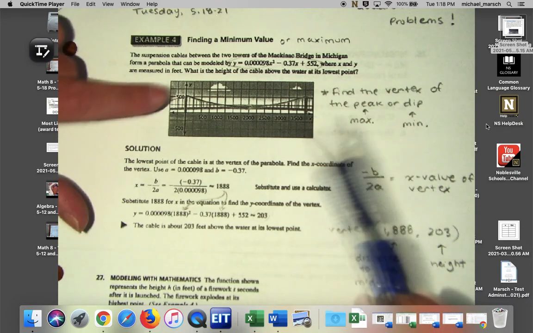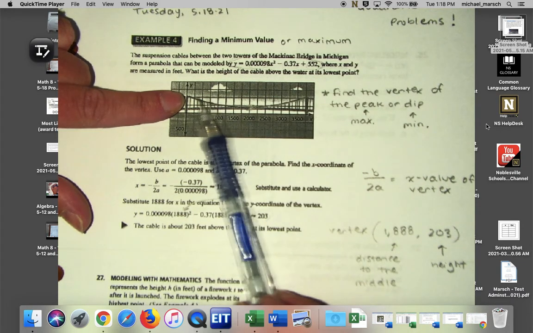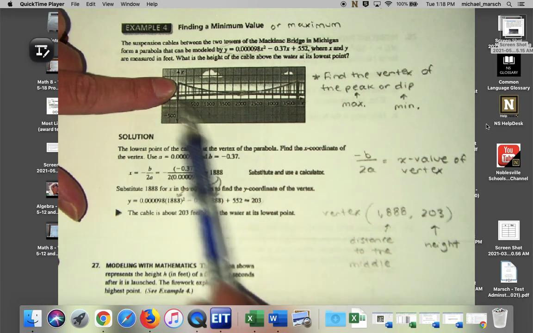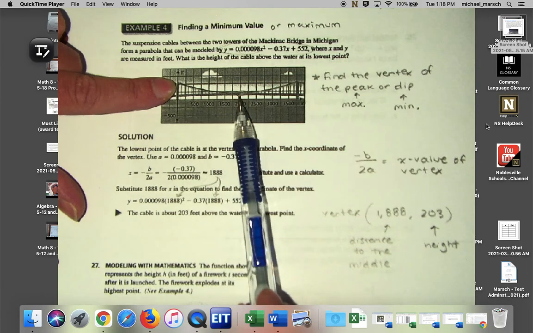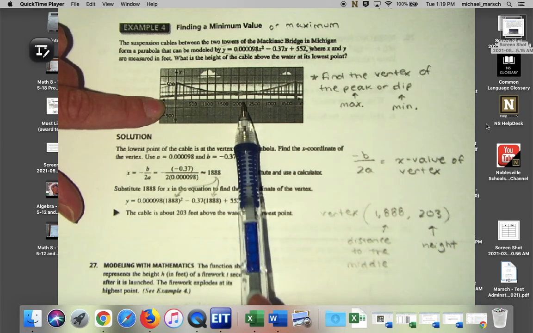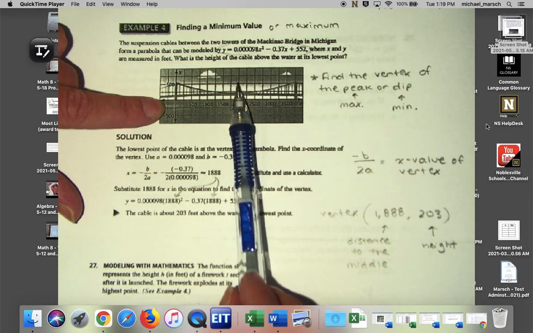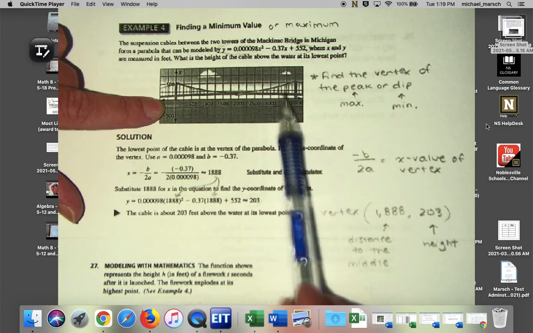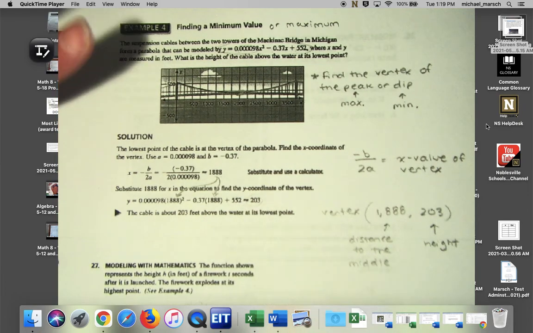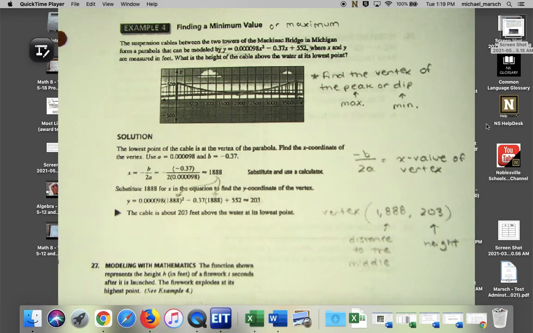So if somebody asked me what's the distance across this whole part of this bridge, I would take this times 2 because this only gets me halfway. So it's over and up. Over 1,888 feet, up 203 is where the vertex is. That's where that cable goes. I know you guys are thinking this is ridiculous, but I promise once we start using it, you'll be like, this is not so bad.